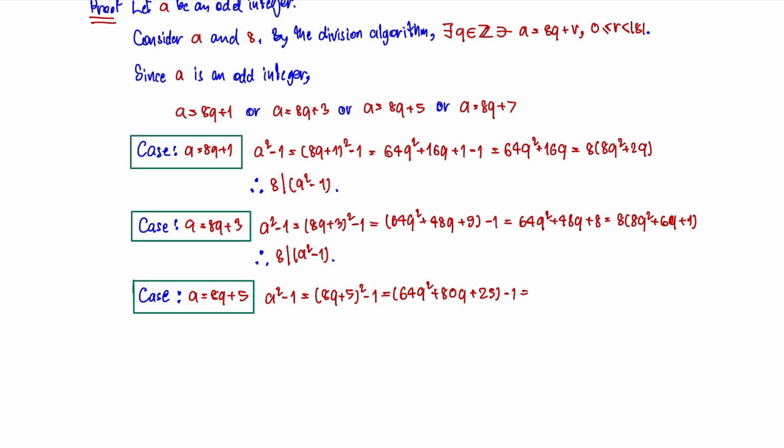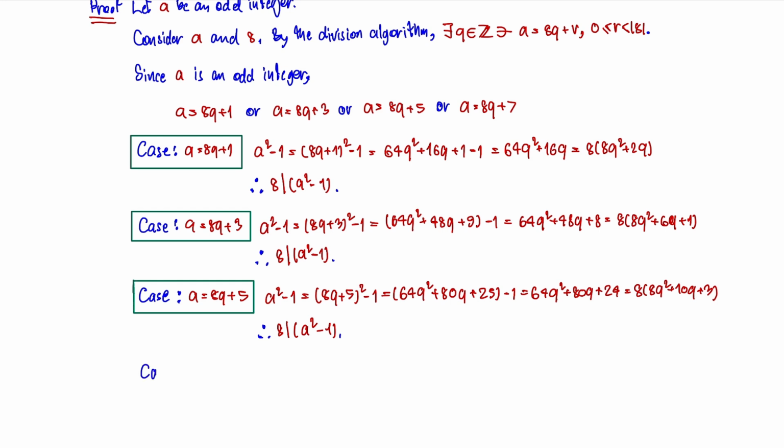Then it turns out to be 64q squared plus 80q plus 24. Then it turns out to be 8 times (8q squared plus 10q plus 3). So 8 is a factor of a squared minus 1 again. Great. So 8 divides a squared minus 1.